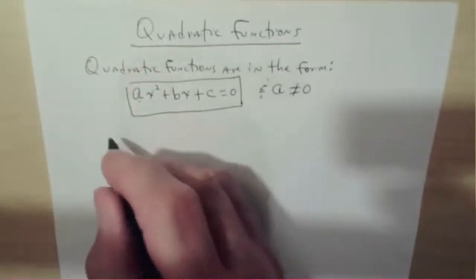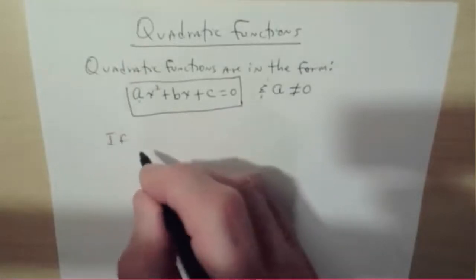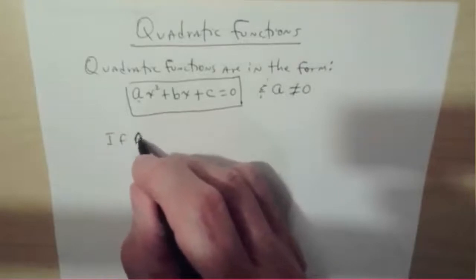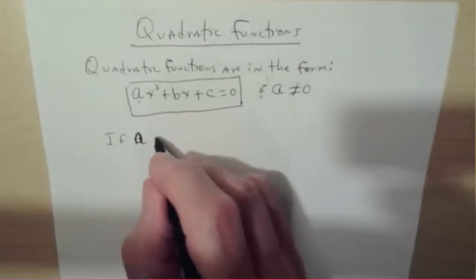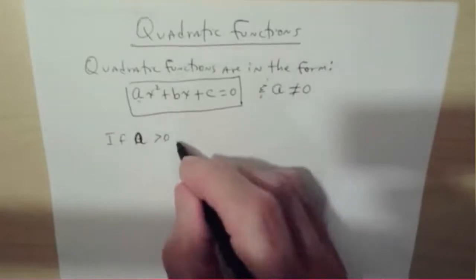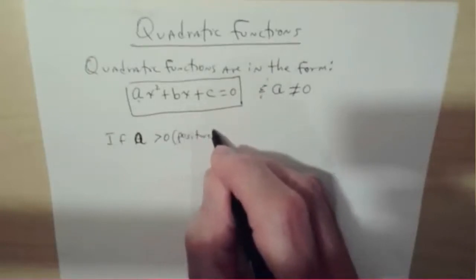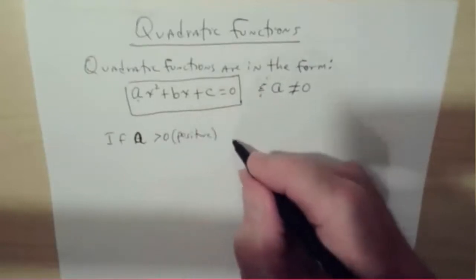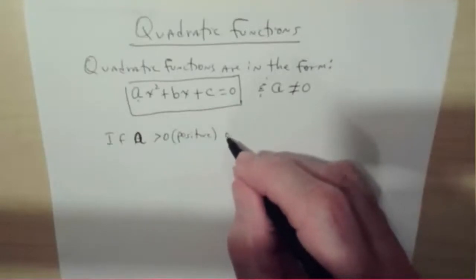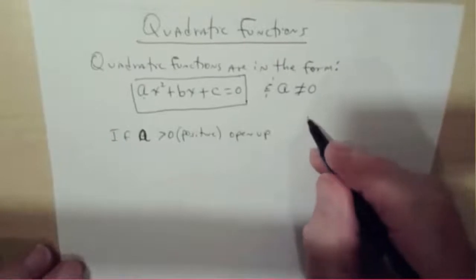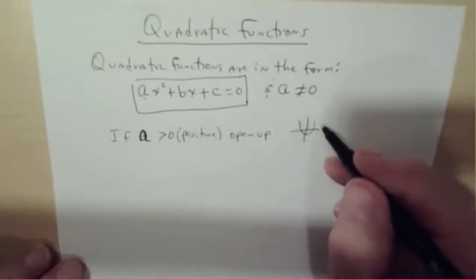So, if a is greater than 0, in other words, positive, the parabola will open upward. Okay, it will open upward.